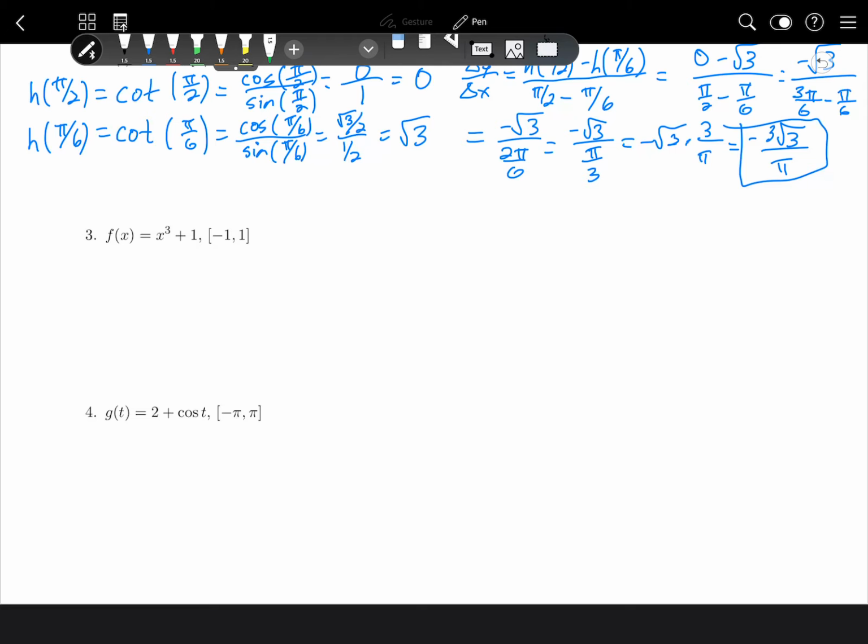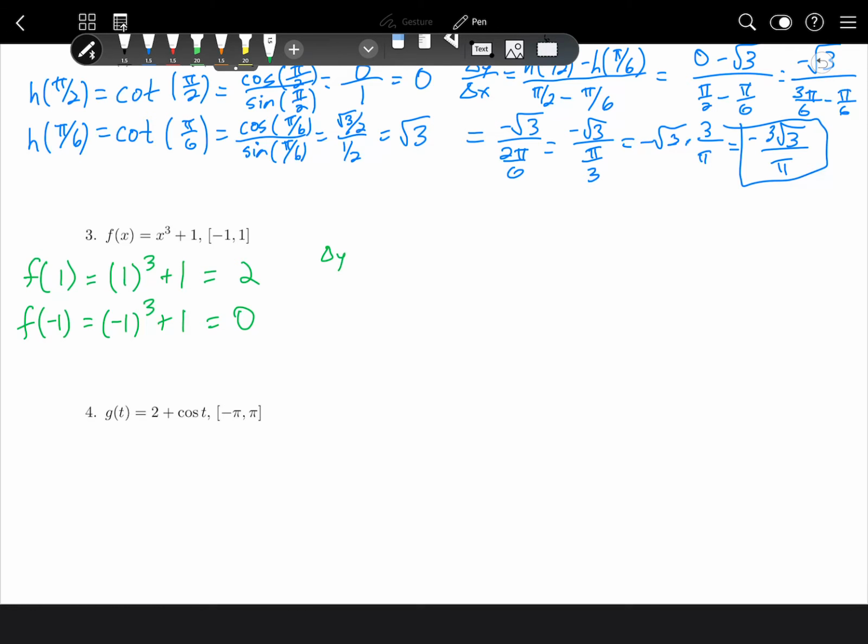Okay, now that you've had a chance to try these two, let's go ahead and go through these together. So first thing, right, is find f of 1 and f of negative 1. So f of 1 in this case, it's 1 cubed plus 1, which is 2. And down here it'd be negative 1 cubed plus 1, which is 0.